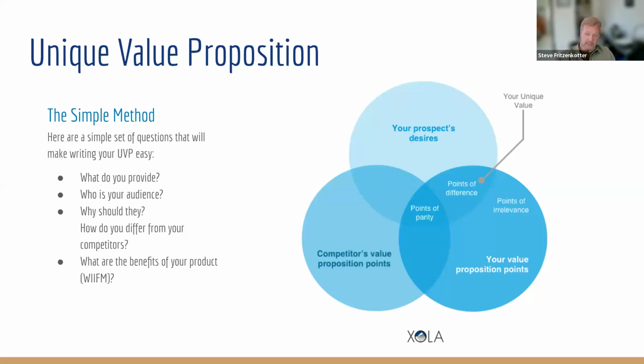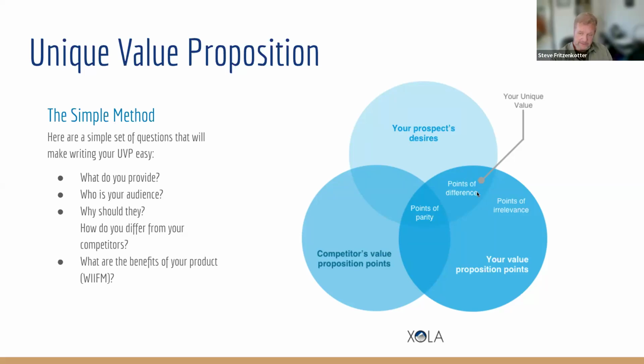So let's say in this example our hotel is a business hotel. Our primary target audience is the business traveler. Our prospects want it, we offer it: clean rooms, comfortable beds, free Wi-Fi, good Wi-Fi.